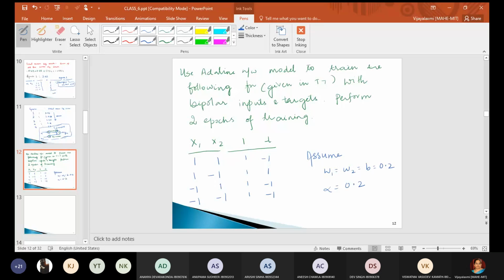So here this is the problem. You have to train the network for 2 epochs, but in this class you can take the next 5 to 10 minutes, perform one epoch and tell me the answers. What is the weight after one epoch? I may call anybody.